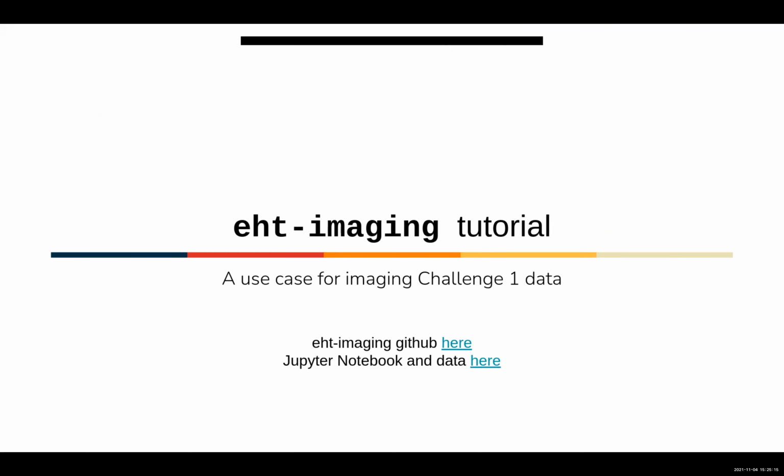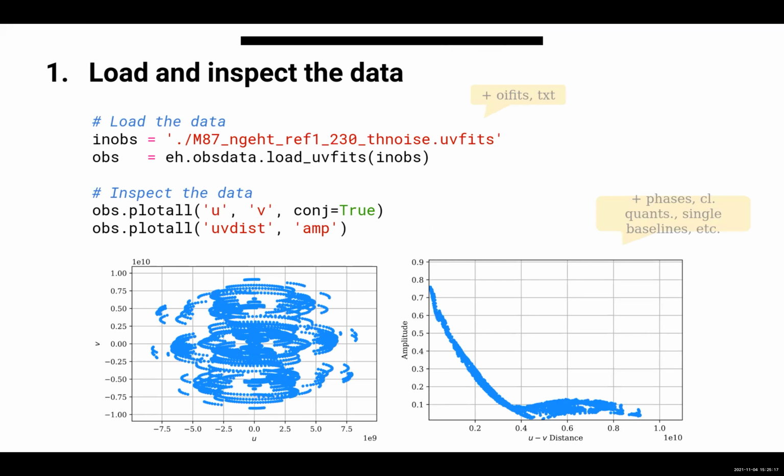Next slide. Okay, so you will start as you do with every different software. You start by loading your observations. You can load in UVFITS, or if it's text files, so there are plenty of options. And then you will inspect your data. There are a lot of functions to do this. You can plot your UV coverage, shown here on the left. You can plot your visibility amplitude as a function of the UV distance, as you can see here on the right.